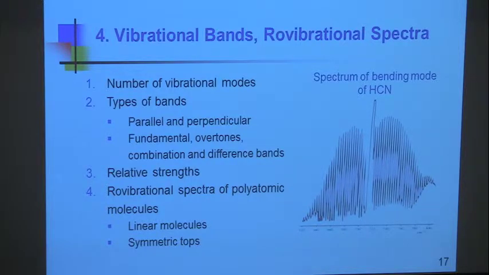Linear, symmetric. So we start simple. Now here's a linear one, HCN. If I told you that the axis over here is energy increasing to the right, you would know where the P and the R are. Because remember, the R numbers are always bigger than the P numbers. That must be the R branch, that must be the P branch. They're almost the same height.